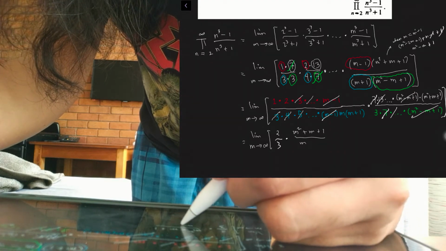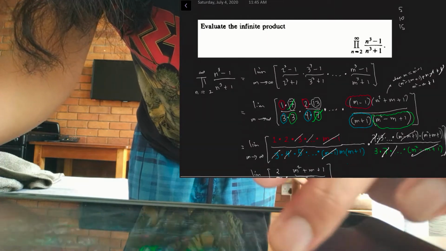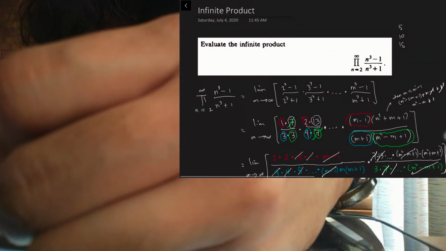Let's distribute m squared plus m. Okay, we are now at 15, 16, 17, 18, 19, 20. Okay, so 20. So now what do we do?